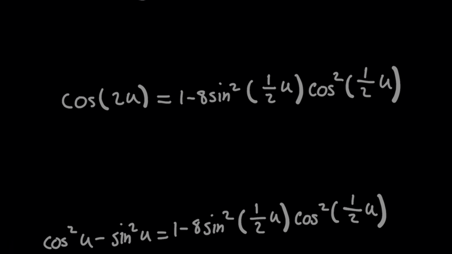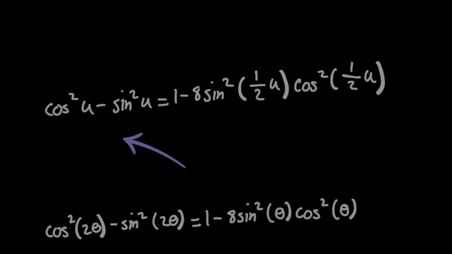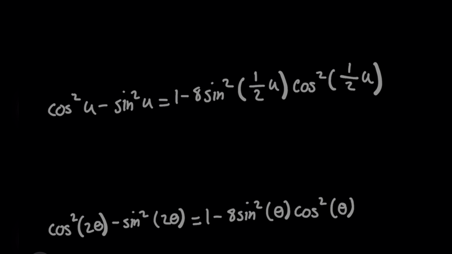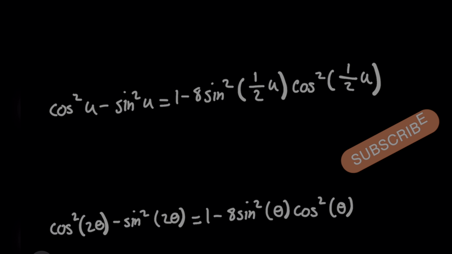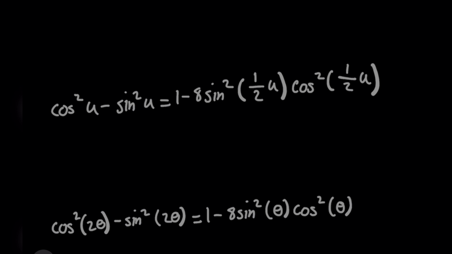That is just going to become cosine squared of u minus sine squared of u on the left. And I personally don't like working with the 1/2 angles on the right. So my choice now is to just basically go back to using theta everywhere, which is going to not only knock out these 1/2 angles on the right, but it's also going to make it clear now what this identity for cosine of 4 theta is on the left-hand side.